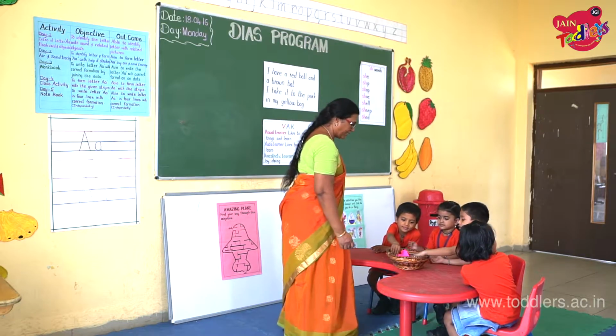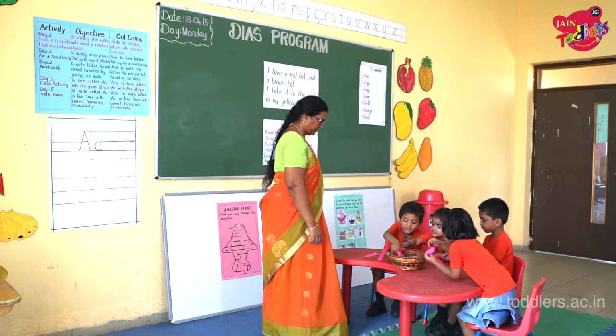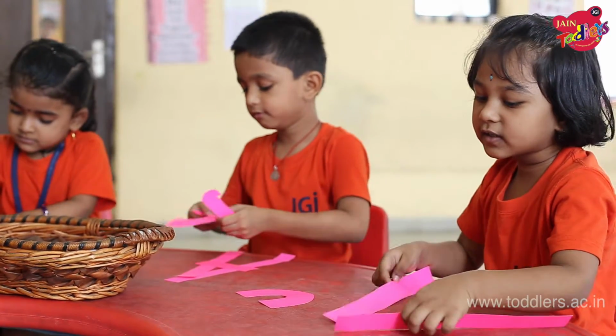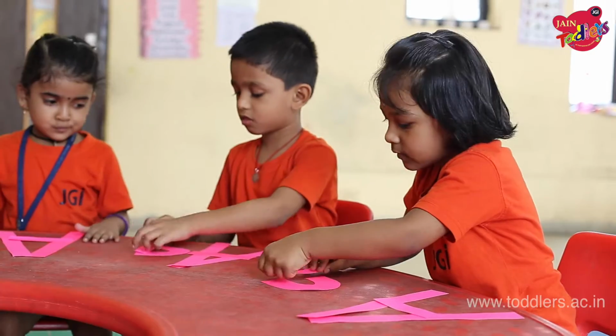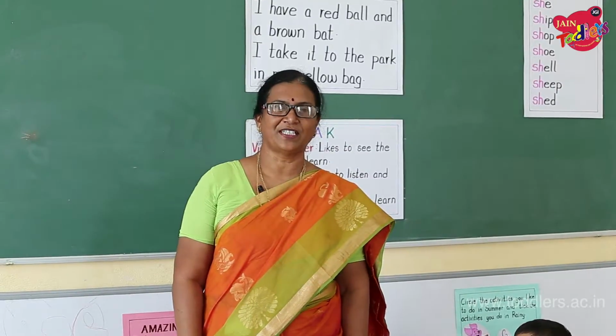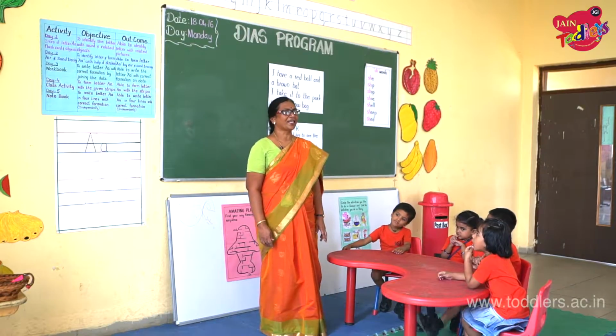Children form letter big A and small a with the strips. The outcome of it is the child is able to form letter A with the strips independently.